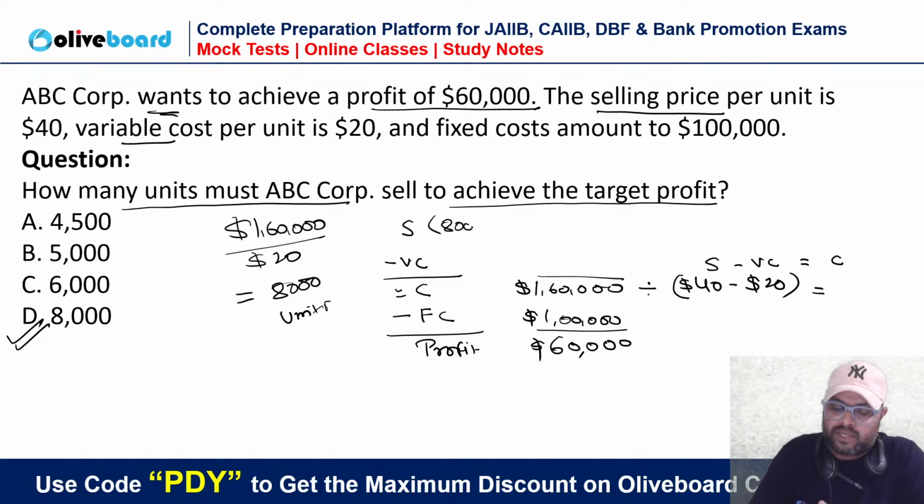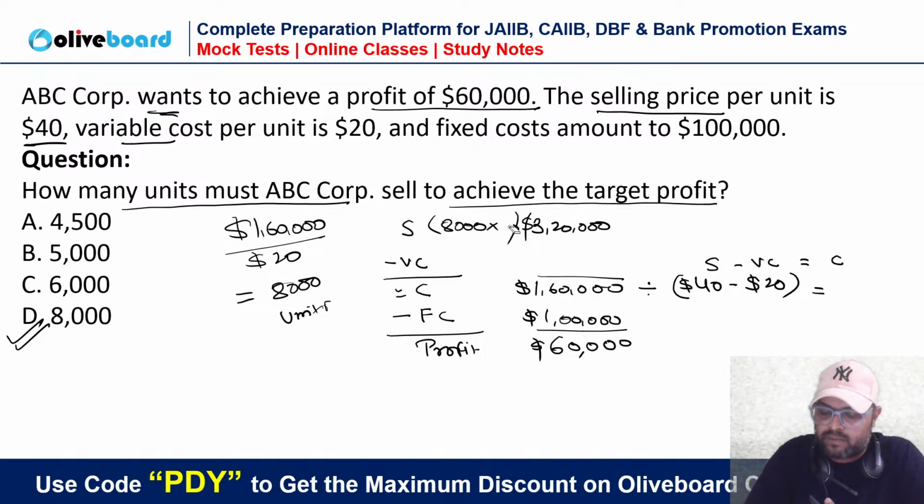If 8,000 units are sold, let's verify that we are generating 60,000 as a profit. If 8,000 units are sold at the rate of $40, $3,20,000 is the sales amount. 8,000 multiplied by 20 is the variable cost, so 1,60,000 will be my variable cost.